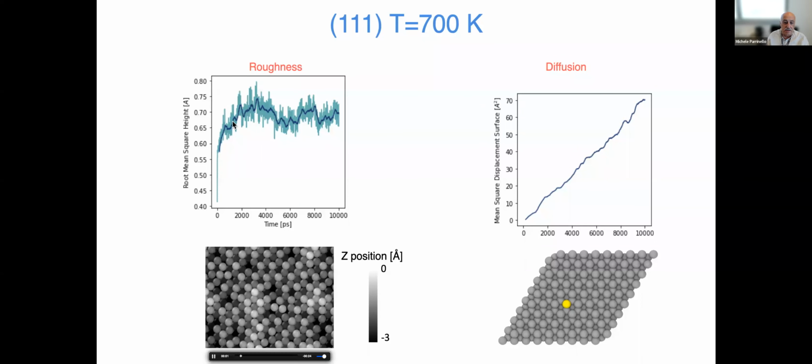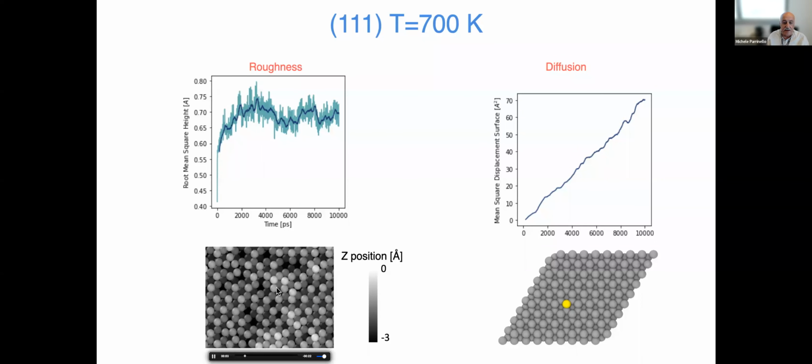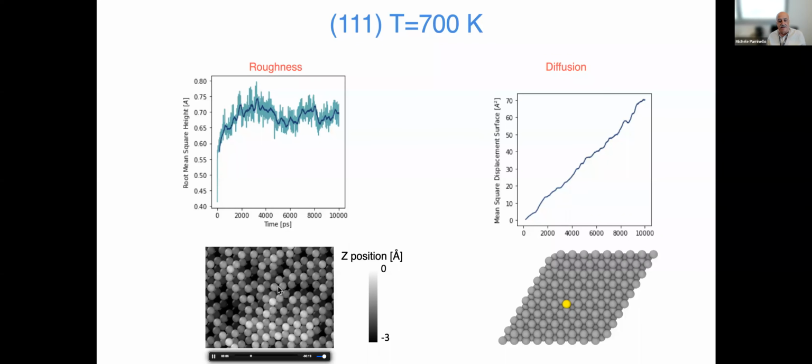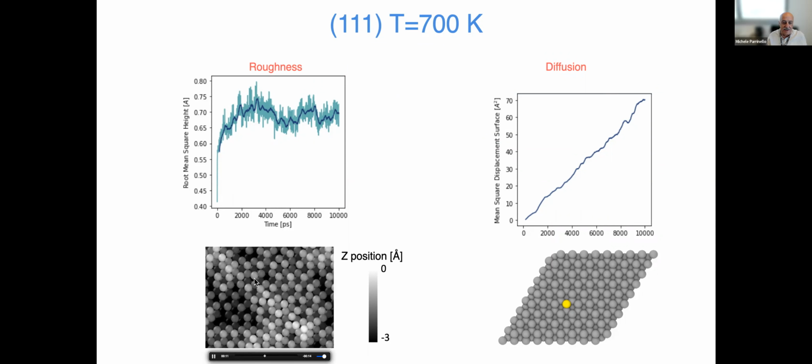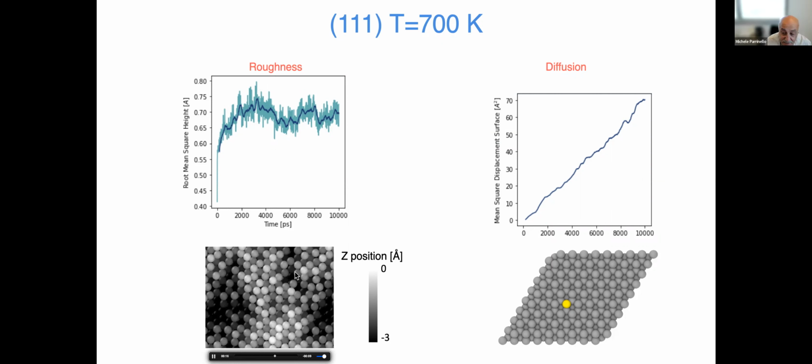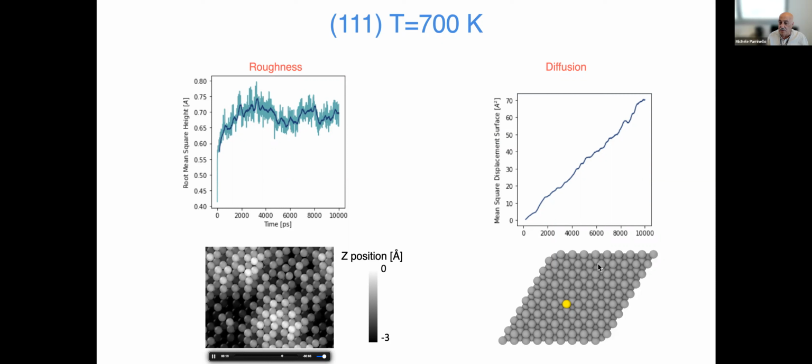So this is what a surface at 700 degrees looks like. It's far from perfect. There is a lot of activity. The roughness is increased. I mean, it's very hard to find the C7 sites. There is diffusion going on.